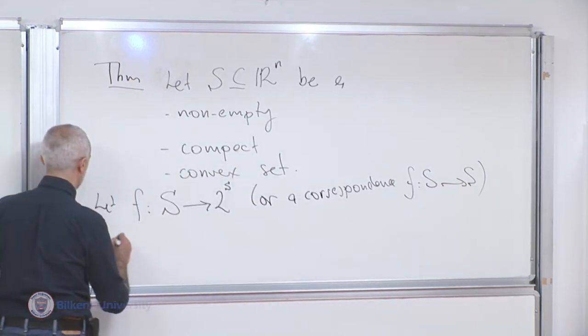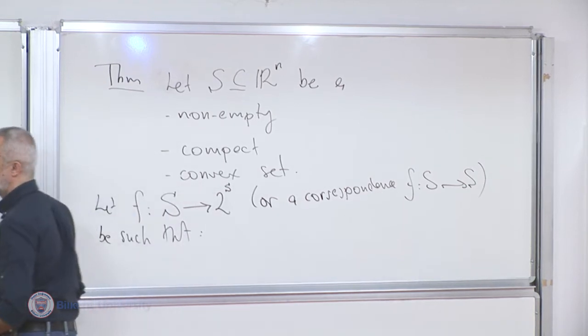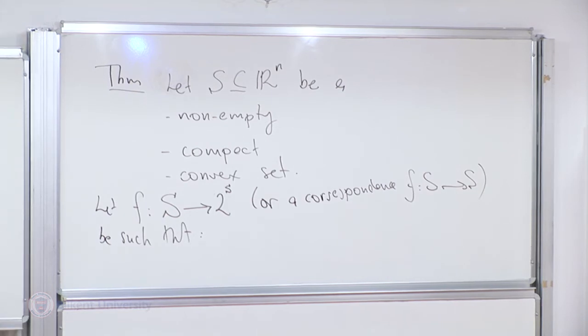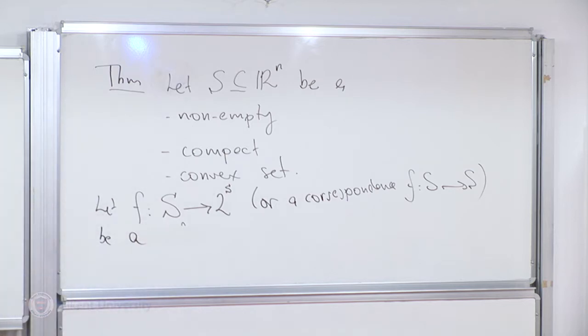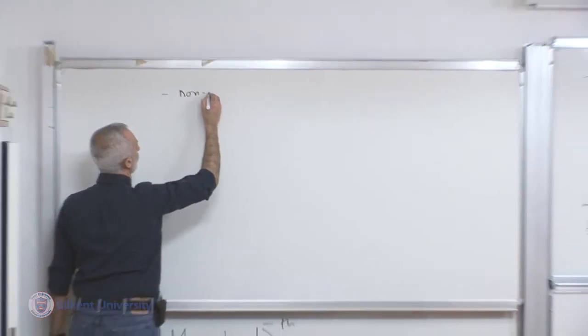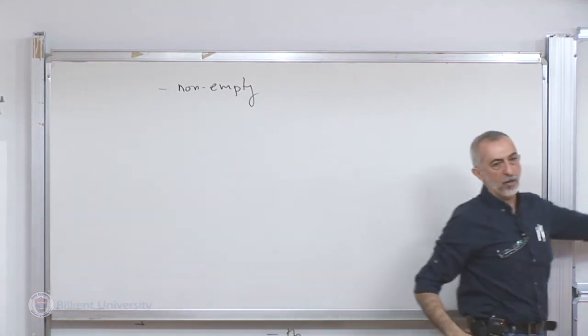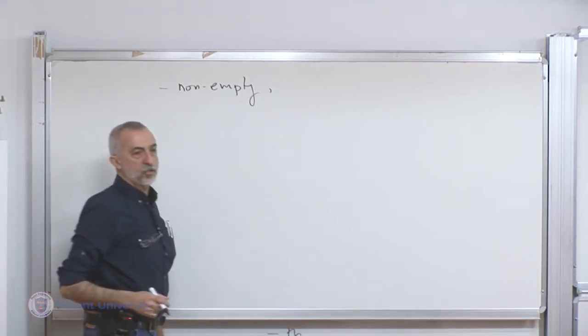Be such that, okay, what did we require for F to satisfy? Non-empty valued. So it never maps to the empty set. What else did we require?